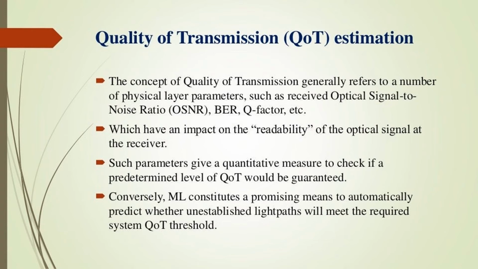Such parameters give a quantitative measure to check if a predetermined level of QoT would be granted. Machine learning constitutes a promising means to automatically predict whether unestablished lightpaths will meet the required system QoT threshold.